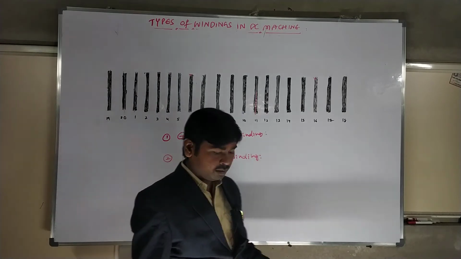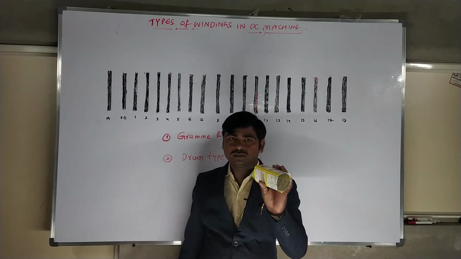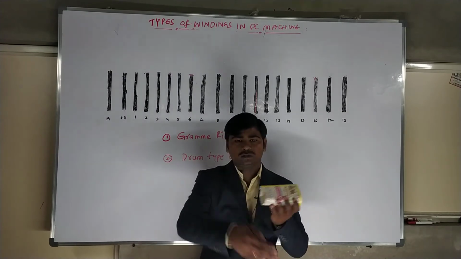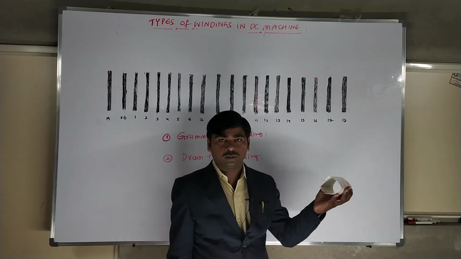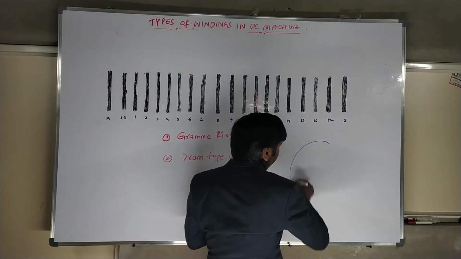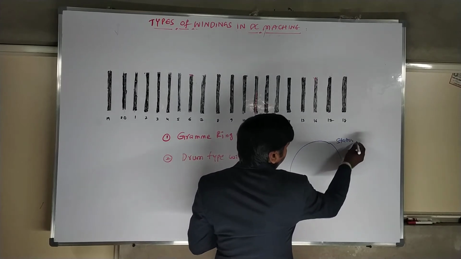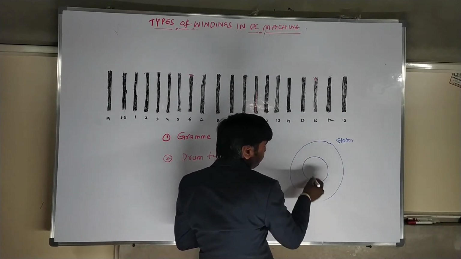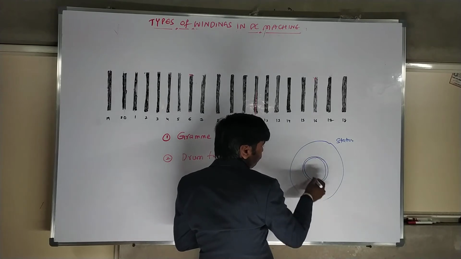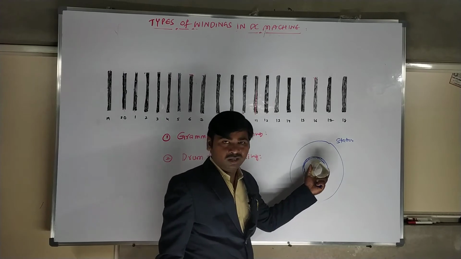Gramme ring winding means, let us take this as a rotor body. The stator is there, and inside the stator you keep a rotor body. This is a DC machine, this is the stator, and this is the rotor.